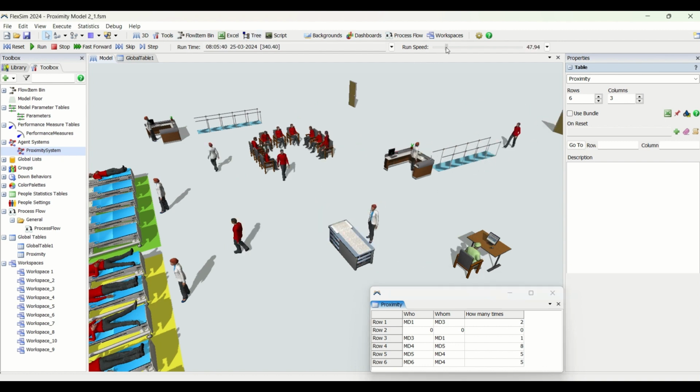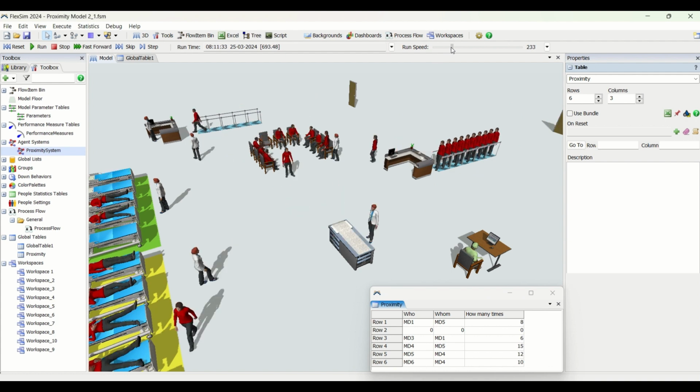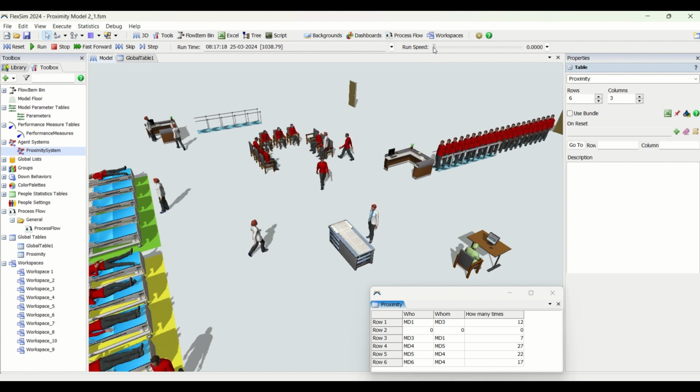Now let me make this model somewhat faster. Let us study what the interaction looks like at 1038 seconds.